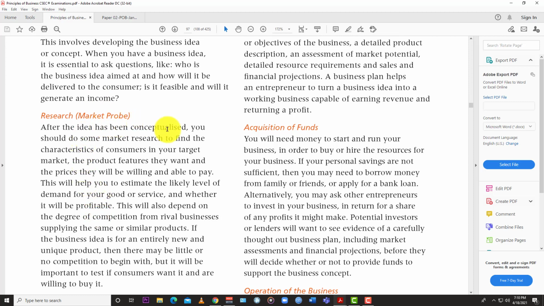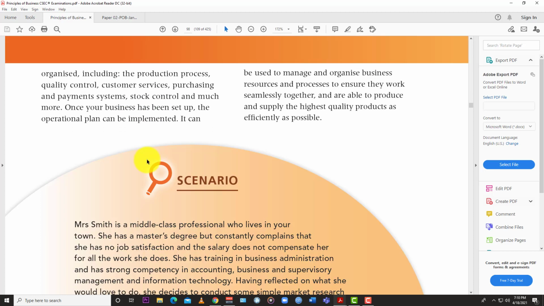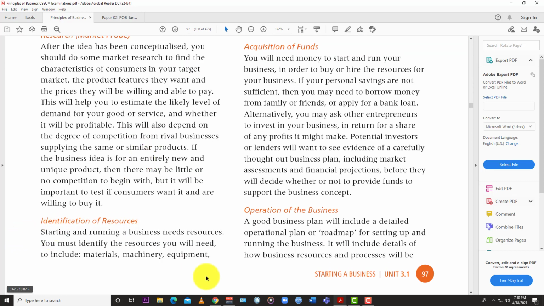After the idea has been conceptualized, you should do some market research to find the characteristics of the consumers in your target market, the product features they want, and the prices they will be willing and able to pay. So the next one is market research. Remember again, there's a video that goes in depth, and so you can look at that video to get further information.